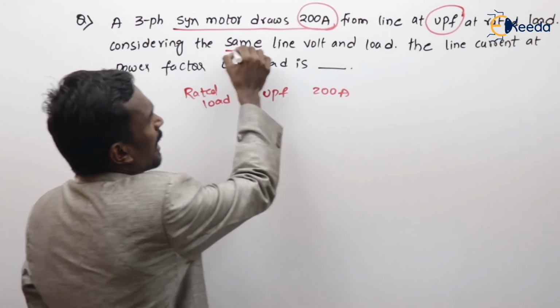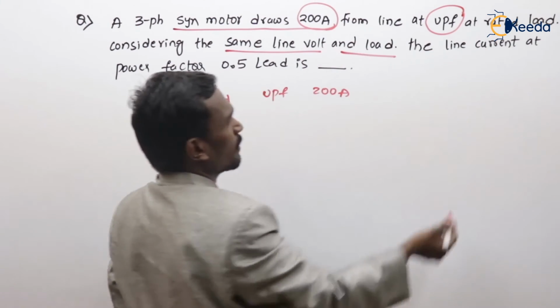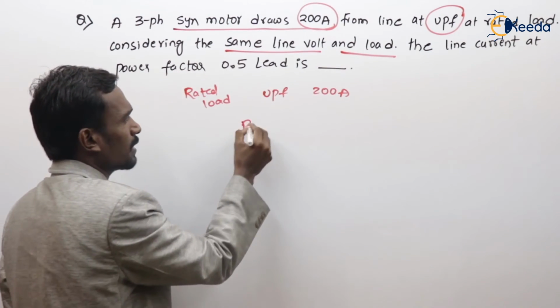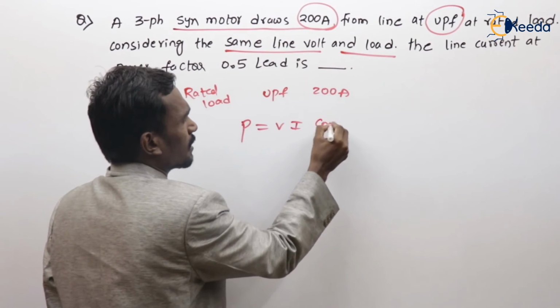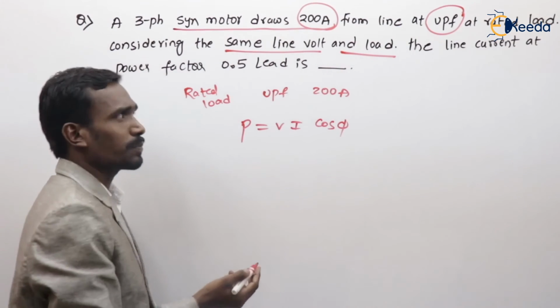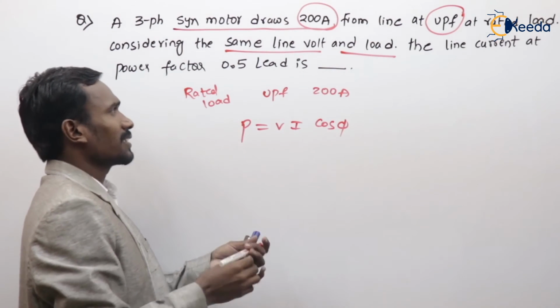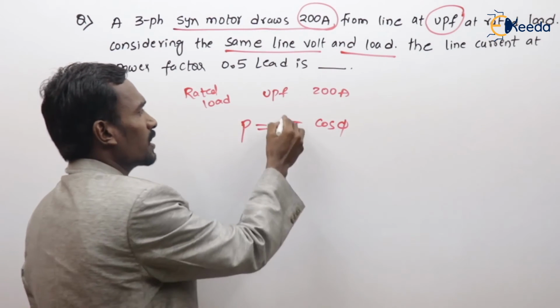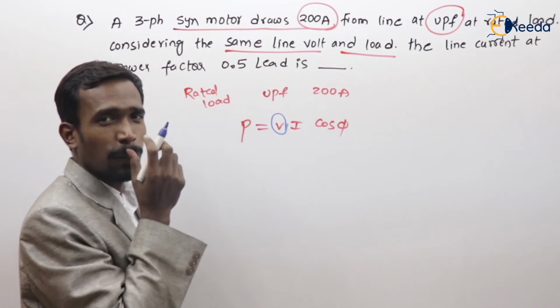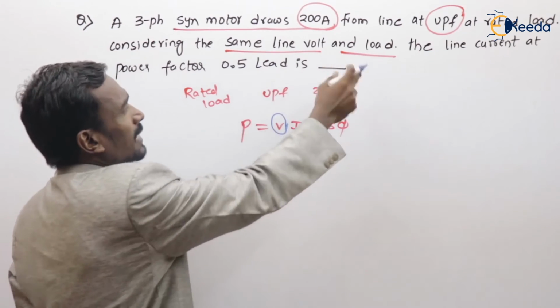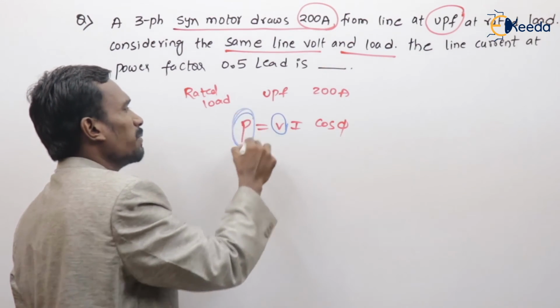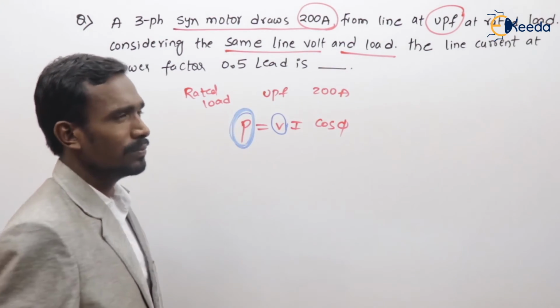Considering the same line voltage and load, generally P is equal to VI cos phi. They are telling that the line voltage and the load are the same. If load is the same, the power is the same.